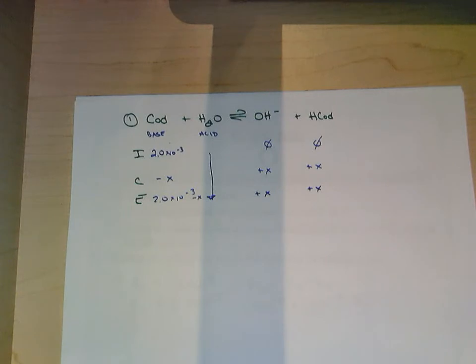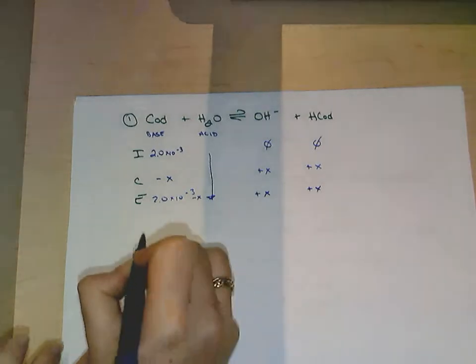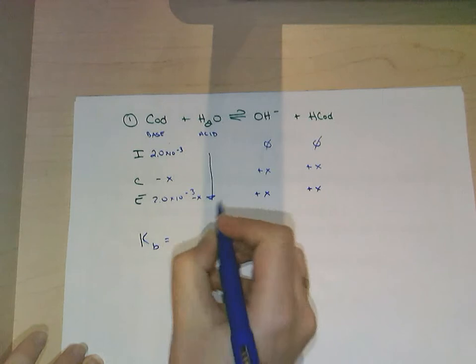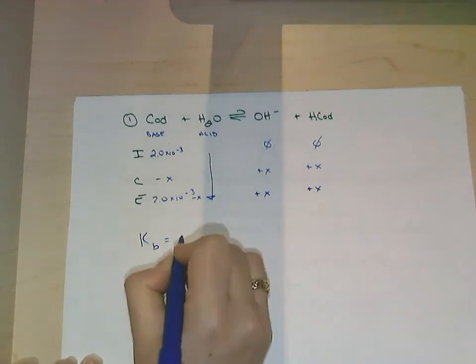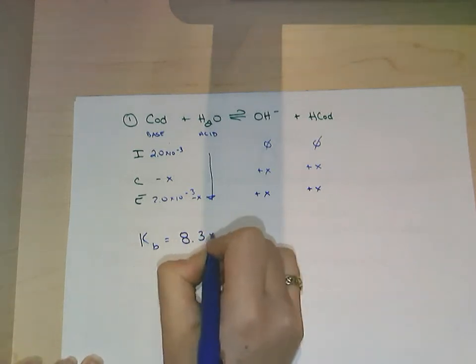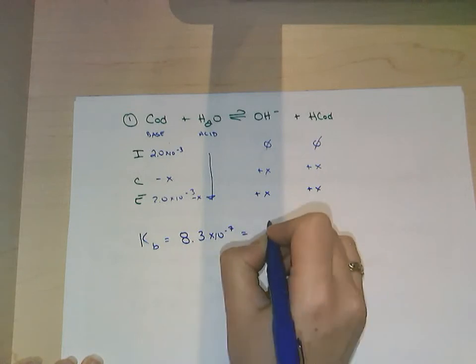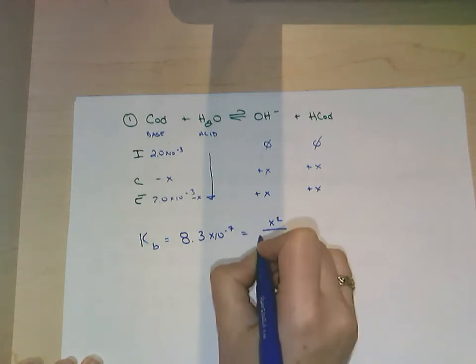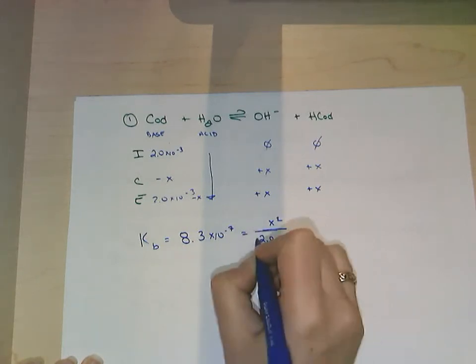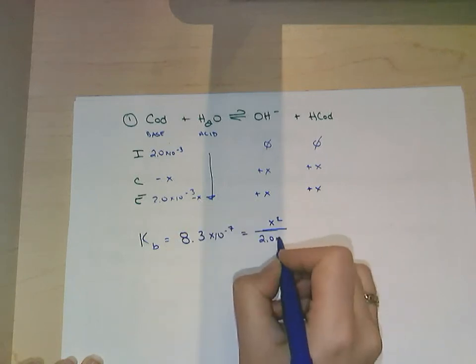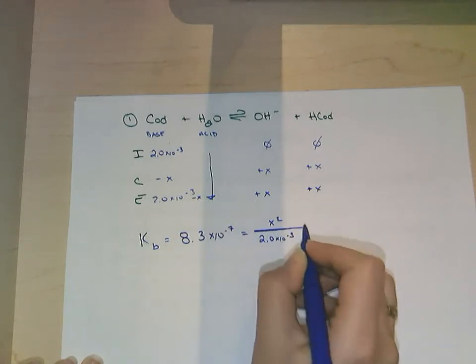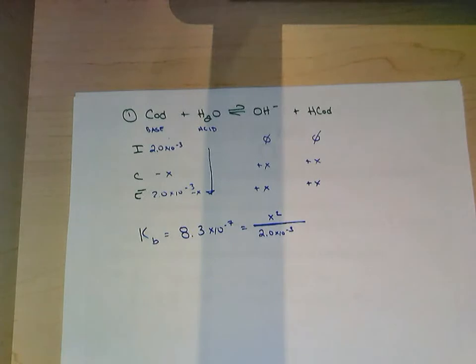All right, so now we're going to set up our Kb, which we just solved to be 8.3 times 10 to the negative 7th. Okay, so this is a weak base. What assumption can I make about this x over here? All right, small, so I'm just going to leave it off. So let's figure out what x is.